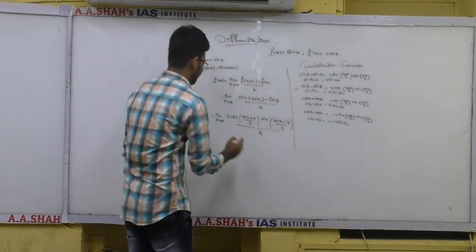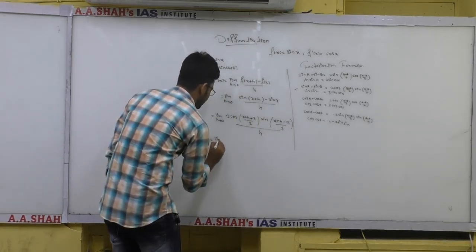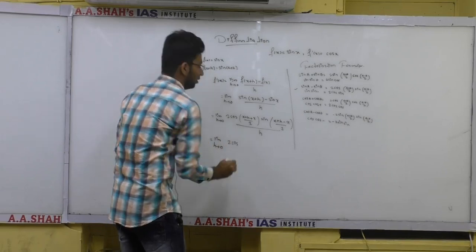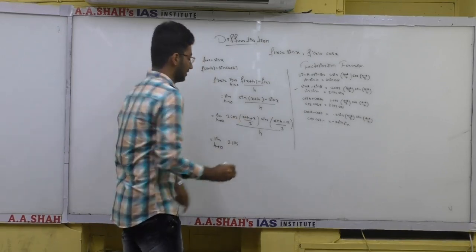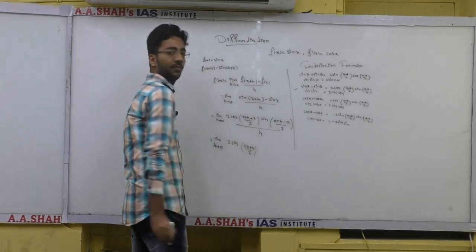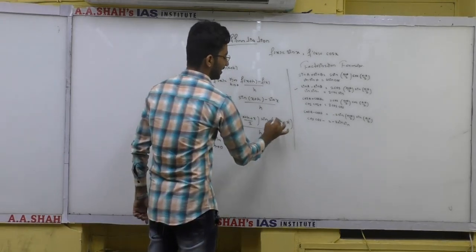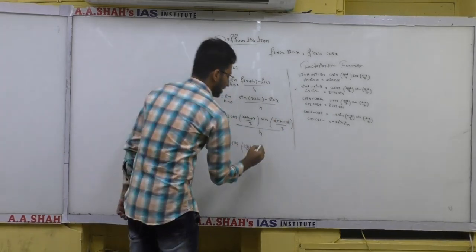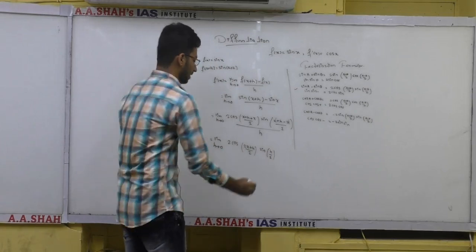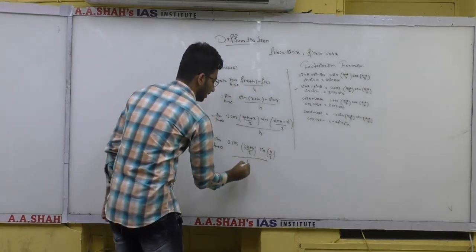Now again, limit h tending to 0, 2 cos: x plus x is 2x, so (2x+h)/2, and plus x minus x will get cancelled, sin(h/2) upon h.